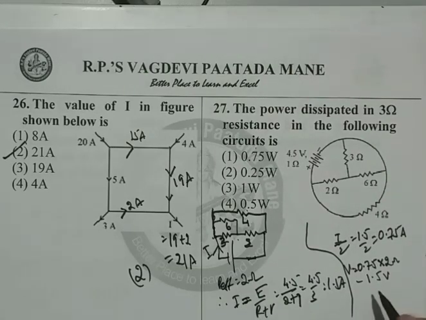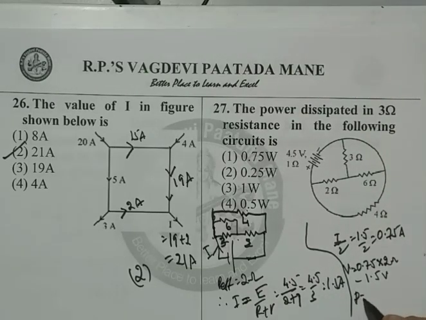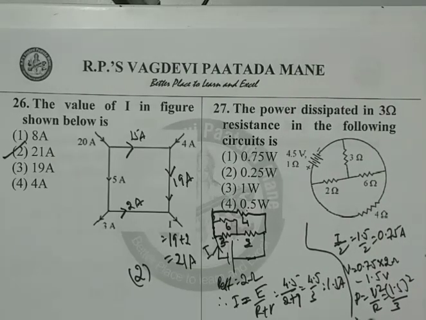So power dissipated is V square by R. 1.5 square by 3 ohms, which amounts to be 0.75 watt. So option 1 is correct.